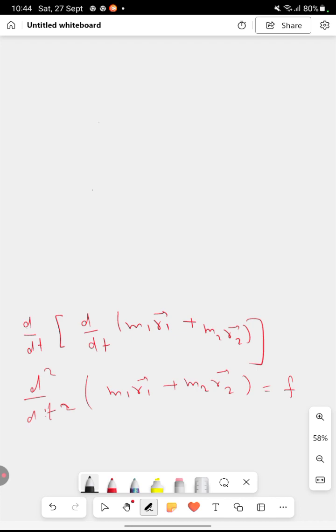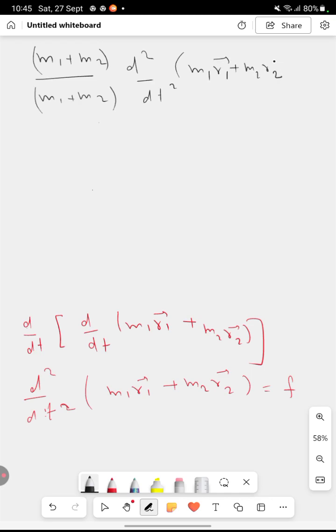So we can write m1 plus m2 into d square by dt square into m1 r1 plus m2 r2, upon m1 plus m2.